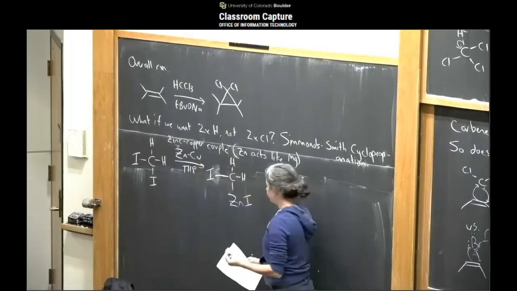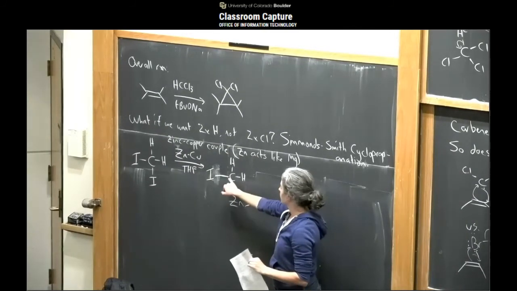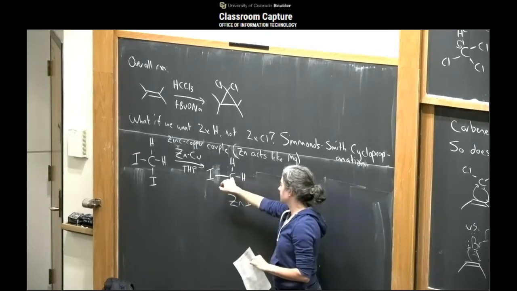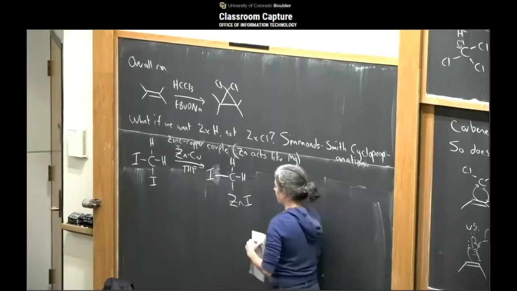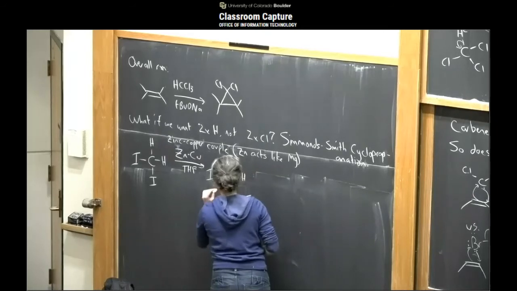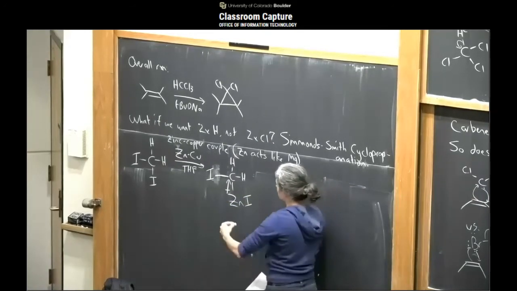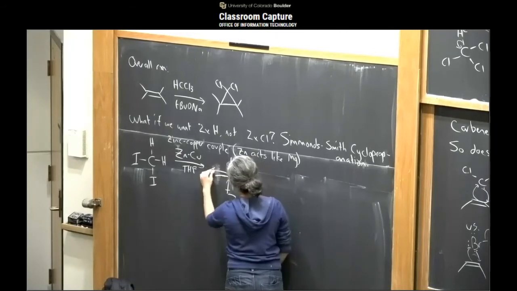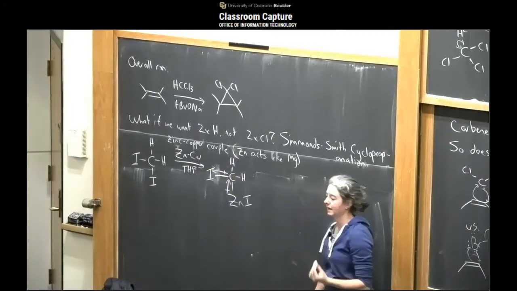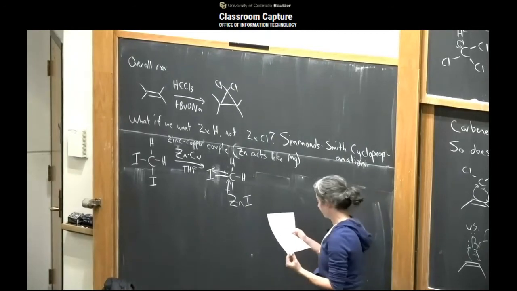Okay, so this bond, the carbon-zinc bond, is polarized so that carbon has more than its share of electron density. Meanwhile, the carbon-iodine bond is polarized the other direction so that iodine has more of its share of electron density.